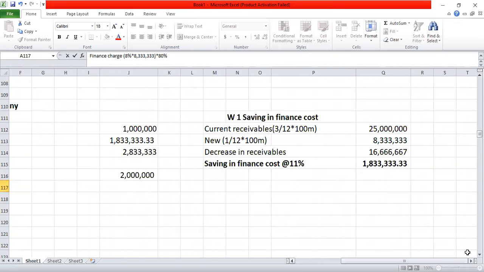Because if you are financing your receivables at 25 million, when you employ a factor company, you only need to finance receivables of 8.3. So in this case, it means your receivables will decrease by 16 million. So this money is going to be saved.